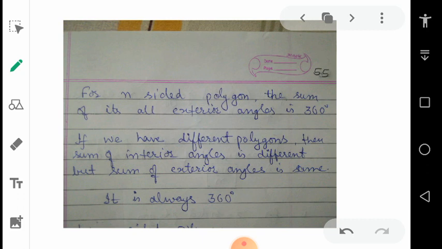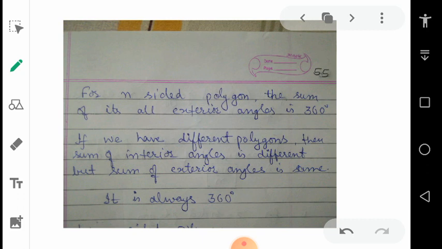Then the sum of all its exterior angles is 360 degrees. It's very important because the sum of the exterior angles is constant; for all polygons it is always 360 degrees. It's very interesting, as in the previous video you learned about the sum of interior angles.